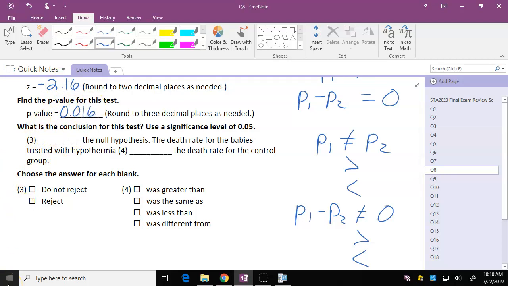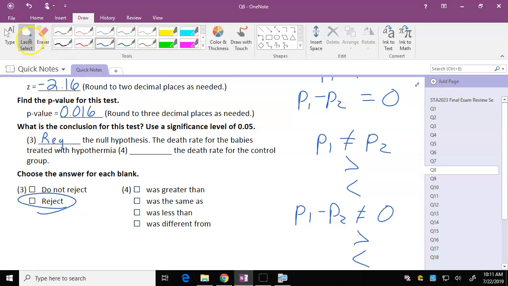All right. So, conclusion. Do we reject or do not reject the null hypothesis? Say it again. Reject, right? Absolutely. We got to reject. Oops.